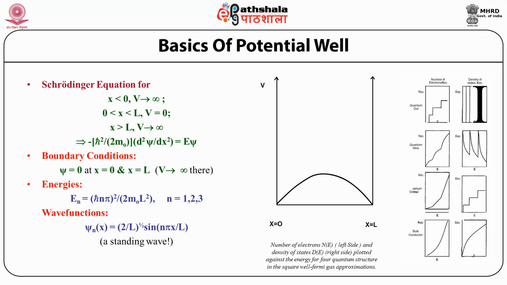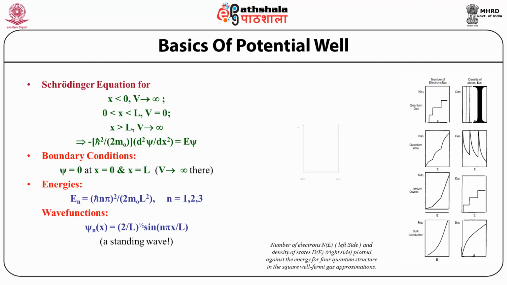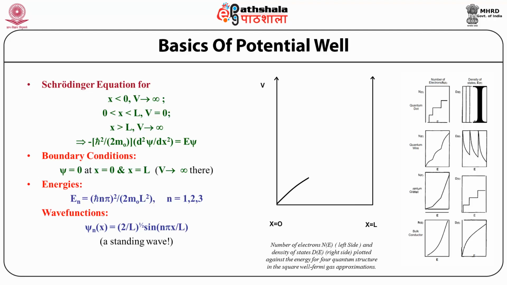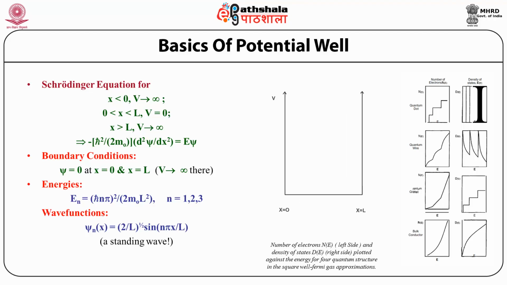Psi nx ny nz is equal to the square root of 8 by lx ly lz, times sine of nx pi x by lx, sine of ny pi y by ly, and sine of nz pi z by lz. And energy E nx ny nz is equal to h-bar squared pi squared by 2m, times the bracket nx by lx squared plus ny by ly squared plus nz by lz squared.